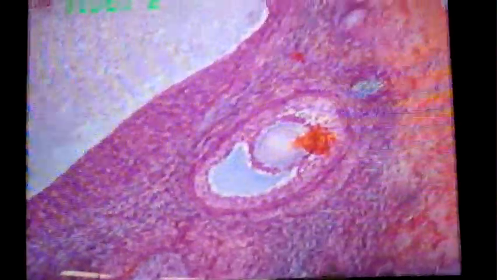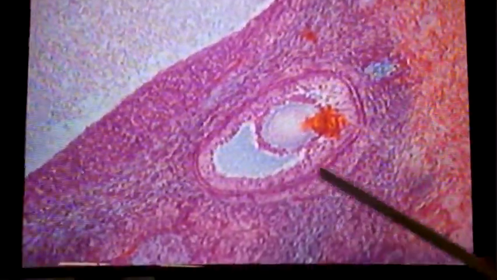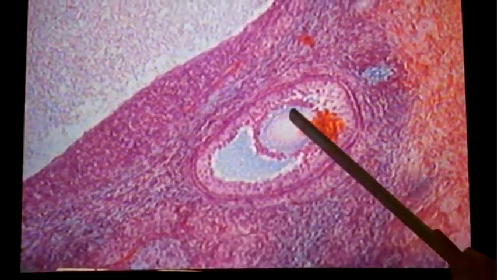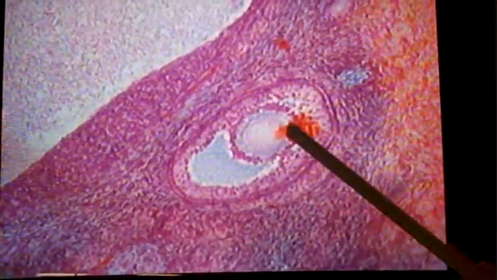Well, there's one. See this one? There's a secondary. Starting to produce pretty nice corona there. Still really small antrum when compared to this one. Everything that's on the screen now is a Graafian follicle.